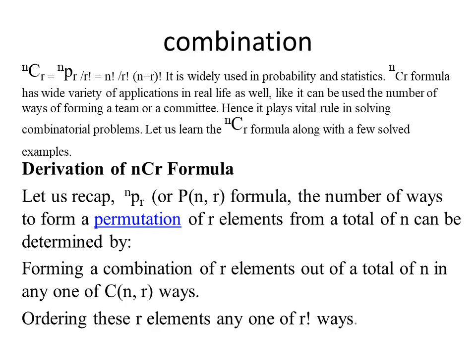Let us recap the nPr or P of n, r formula. The number of ways to form a permutation of r elements from a total of n elements can be determined by forming a combination of r elements out of a total of n in any one of C of n, r ways, and ordering these r elements in any one of r factorial ways.